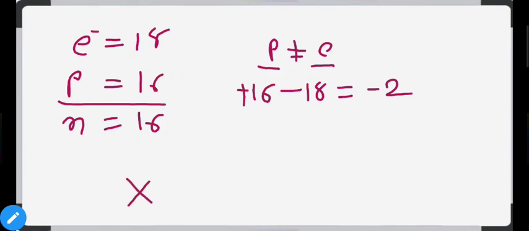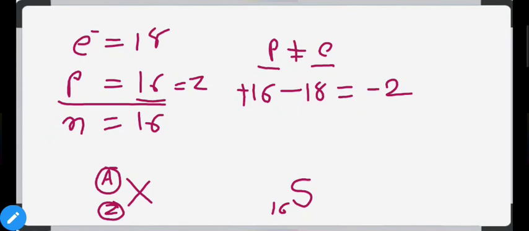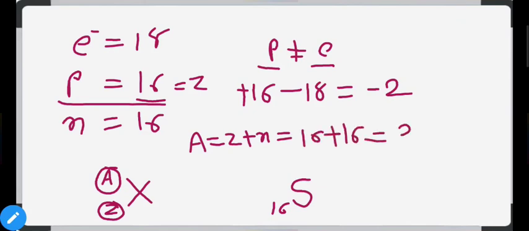Our symbolic representation is X with Z in subscript and A in superscript. X is the symbol, and the element with number 16 is sulfur, so the symbol is S. We already know Z is 16, because the number of protons represents Z. Now we have to find A. A is equal to Z plus N, where Z is 16 and N is 16, so it is 32.